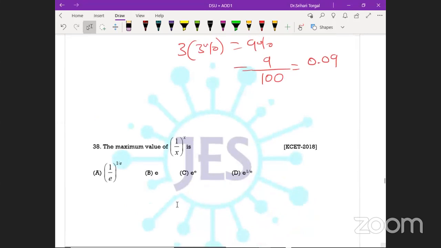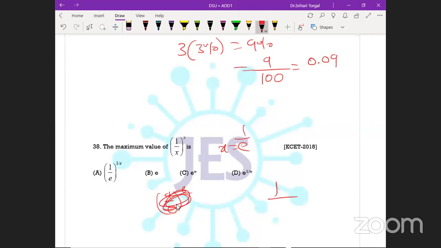Yeah. Now, examination problem. Now tell me, what I have to substitute here? Put x equal to e, right? Sorry, I have to put x equal to 1 by e here.